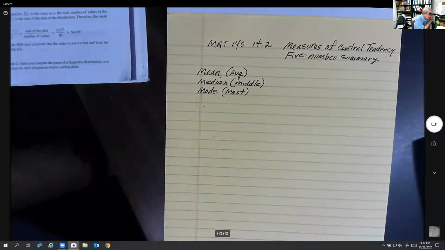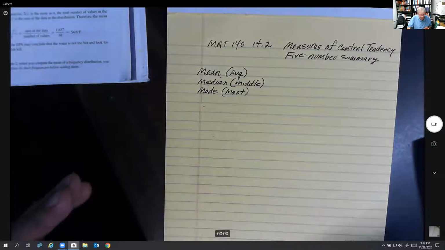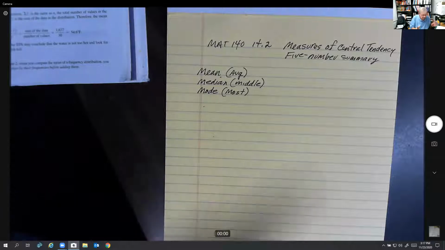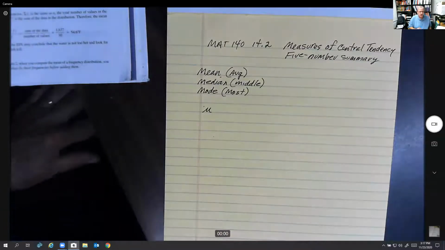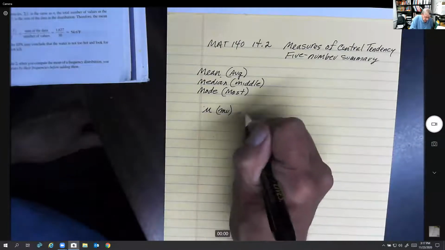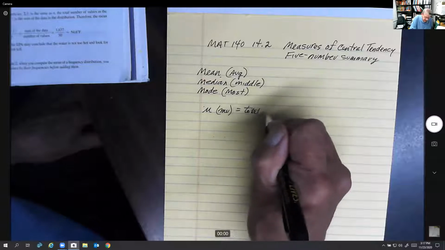So let's talk first about the mean. When we have a population of numbers, there's two ways we can designate the mean in statistics. One is we use a symbol called mu. Mu means that we have a total population, which doesn't happen very often.